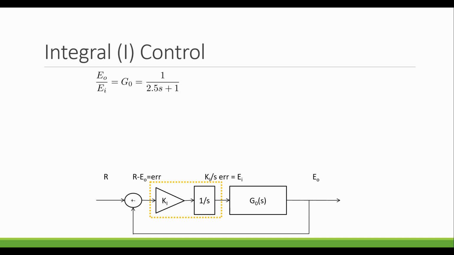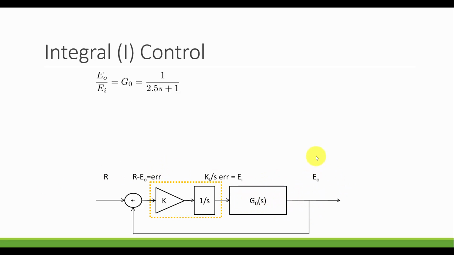So this thing in yellow that we're designing would be some circuit, if we're doing it in hardware, that we build that has this amplification and a 1 over S term to it, or we could do this in software in different ways. But effectively, we're going to be multiplying the error by this 1 over S and by our amplification. That becomes the input into our plant, and then that goes through the plant and becomes our output.